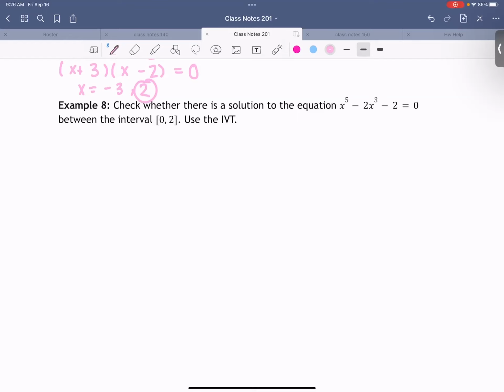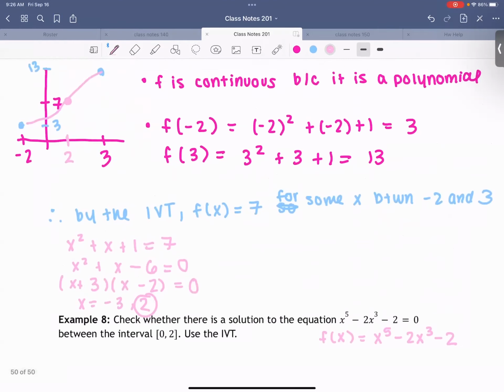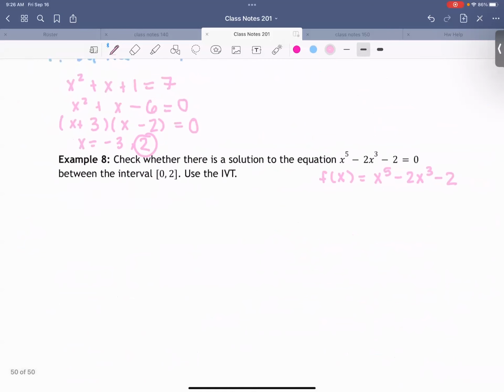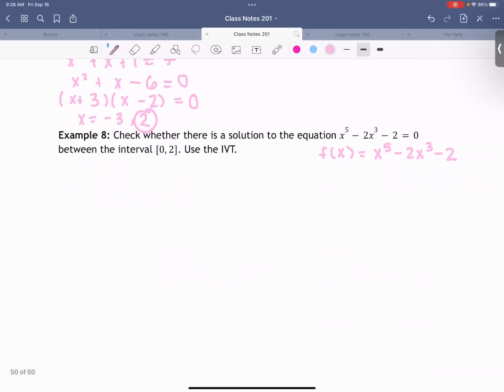For this example, why don't I just make a function f equal to x to the 5th minus 2x cubed minus 2? If I want to phrase this question like example 7, this is asking us, how do I know that f of x equals 0 between 0 and 2?